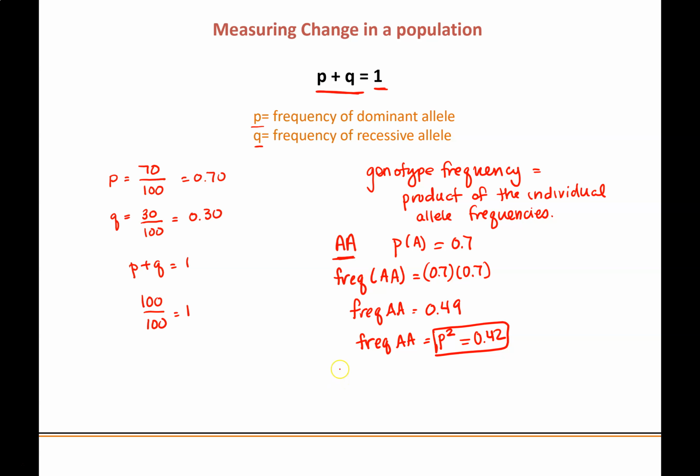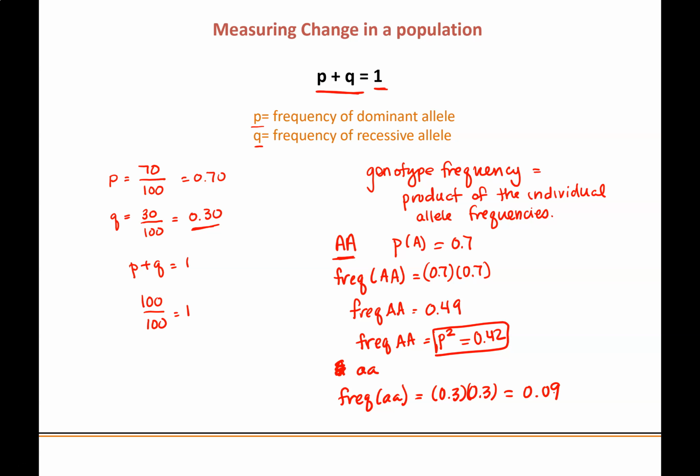We can do the same thing if we want to figure out the homozygous recessive. So in this case, the frequency of homozygous recessive is just the frequency of Q, 0.3 times 0.3, which is going to be 0.09.